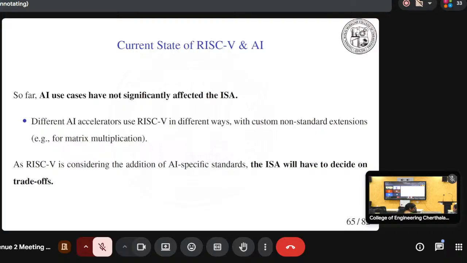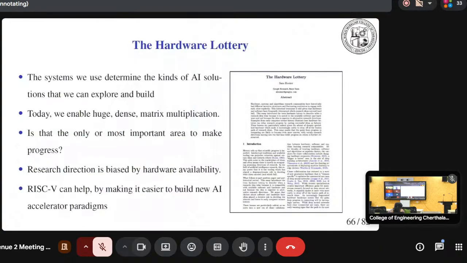In the current research, the main focus is the matrix multiplication, because you know that for any machine learning application, the thing is Ax plus B. So you have to multiply the weights and the inputs, and you have to add the bias value. So the main thing is the matrix operation. And we have the hardware bottleneck.